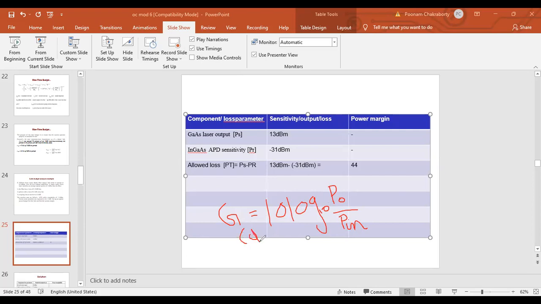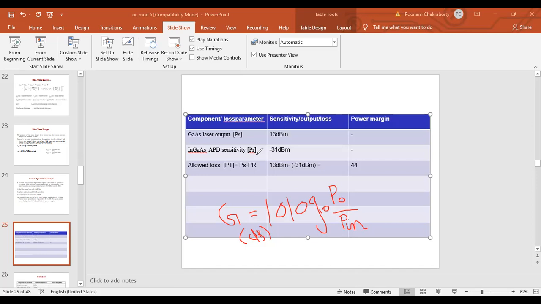So this is your normal gain. You had an output power and an input power. Now when I'm talking of the laser output, do I have an input power and output power? Similarly, when I talk about the receiver sensitivity, it is the output of the receiver. There also, do I have an input power and output power?